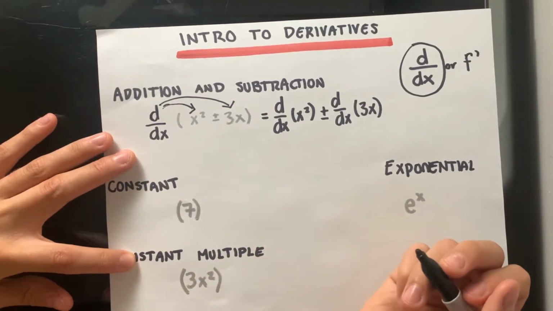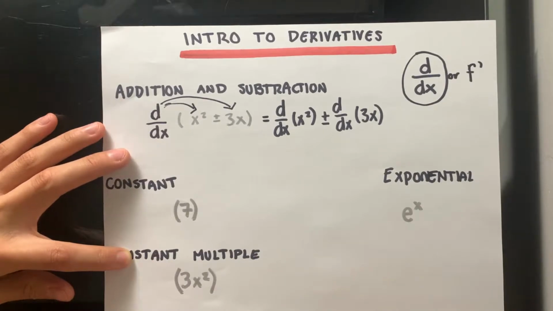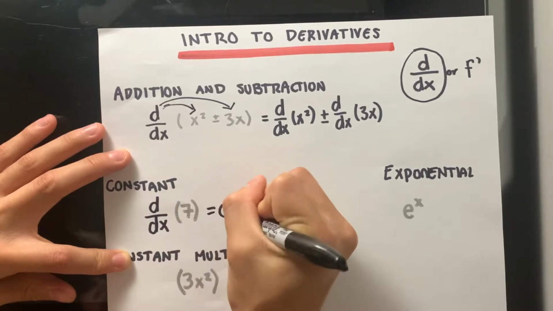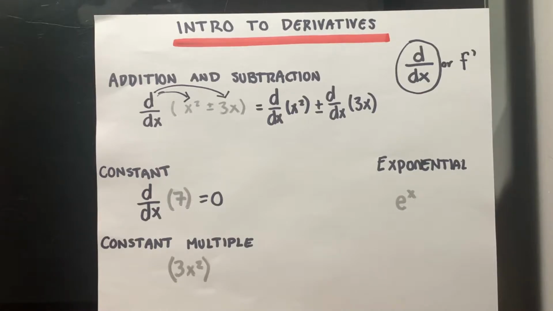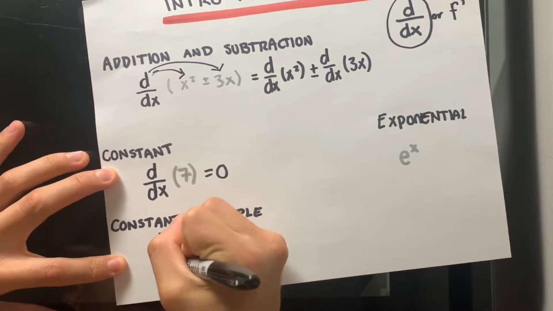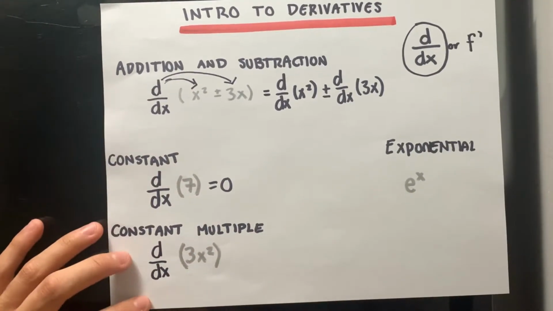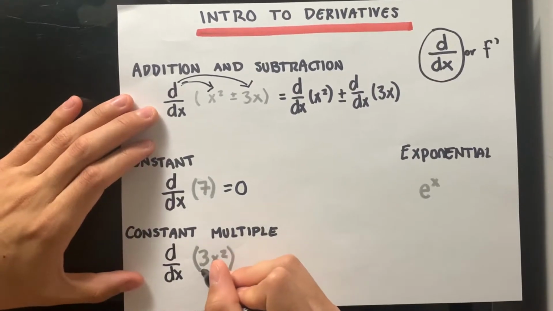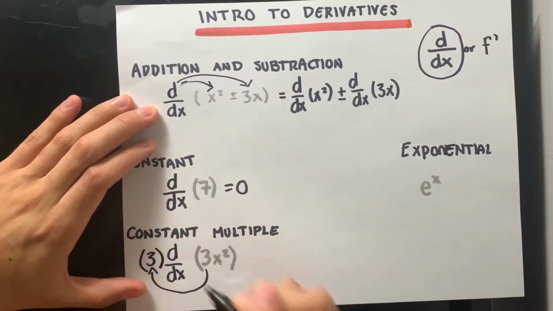When you do a derivative of any constant number, in this case it's a number 7, the derivative of any constant is 0. So that's important to keep in mind. Any constant that you come across in calculus, the derivative of it will always be 0. In this case, we have a constant multiple of 3 in front of the x squared variable. So when dealing with this, you can actually move this constant in the front and keep it here.